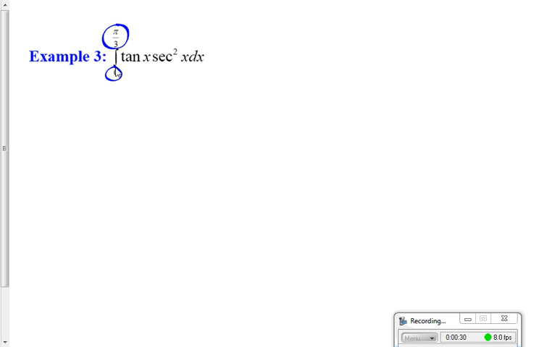I think one of the big questions still hanging out there from yesterday is, when do we use u substitution, and what is u? What is the best equation or expression or function to use for u in any situation? I think, number one, you're going to use u substitution when you've got unfamiliar derivatives, or unfamiliar antiderivatives.